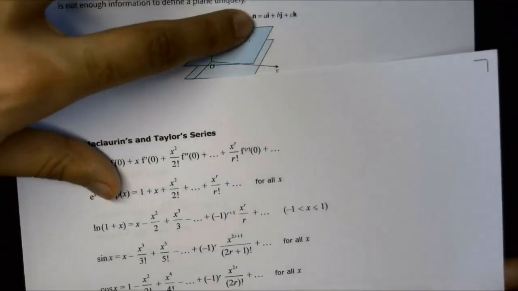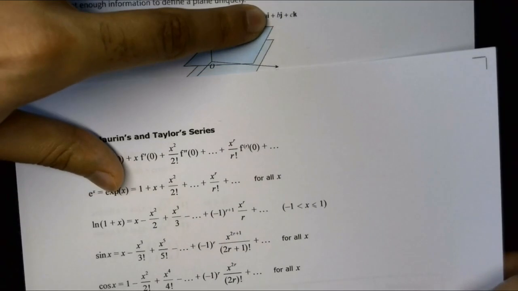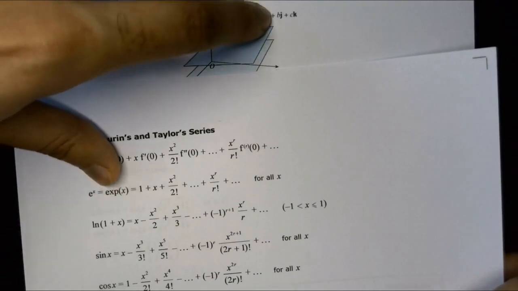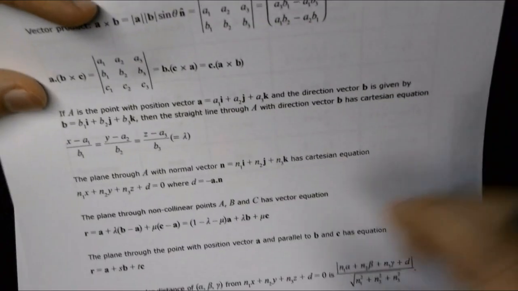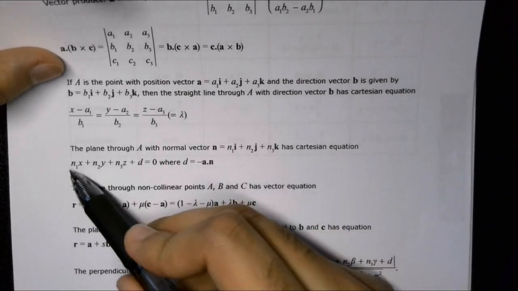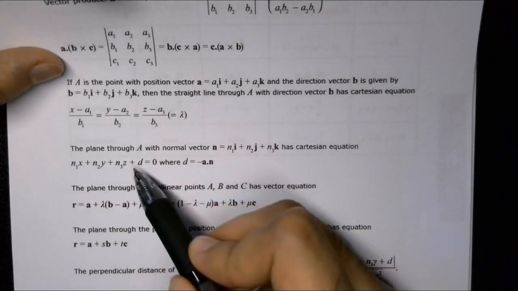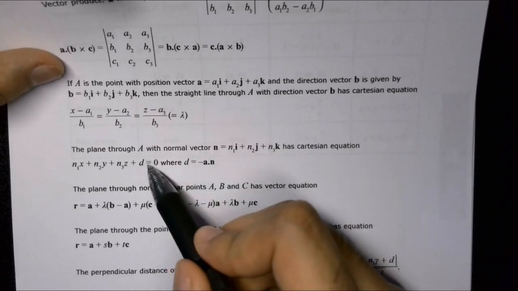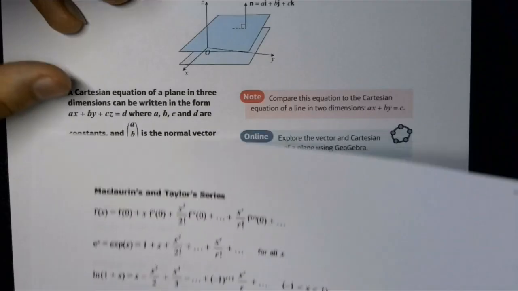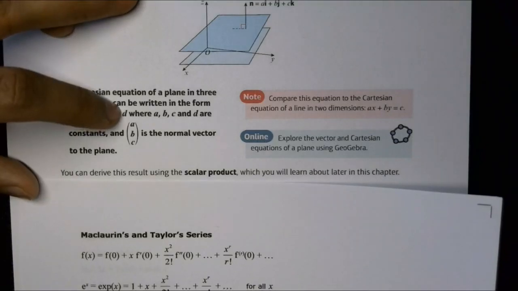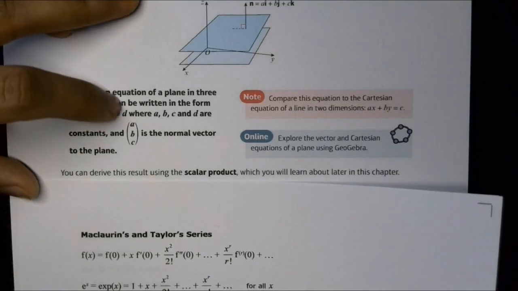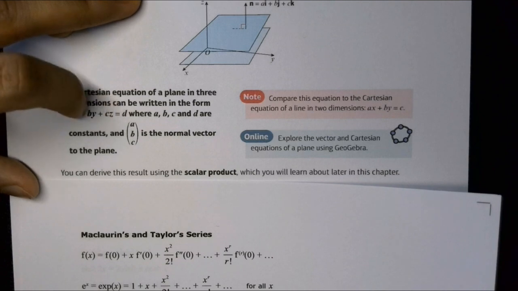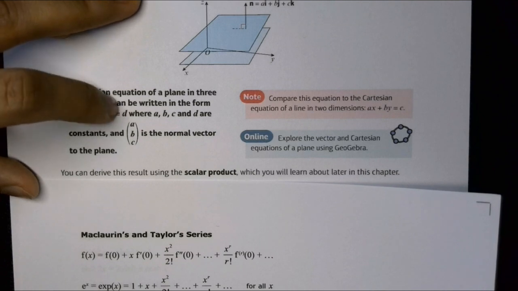And if we match that up with what we have over here, instead of using a, b and c as the coefficients of i, j and k, the formula book instead has used n1, n2 and n3. And over here, if you compare with what we have in the notes, you can see here we have ax plus by plus cz equaling d.